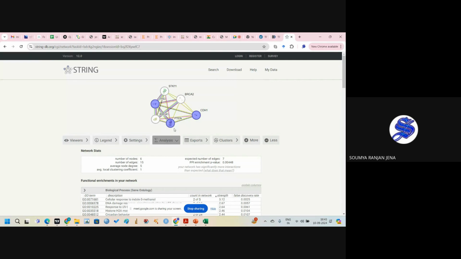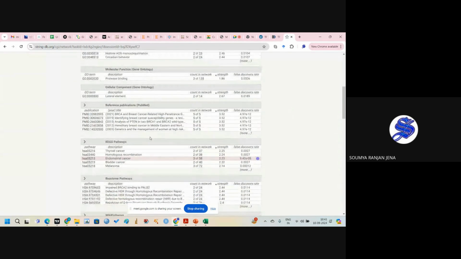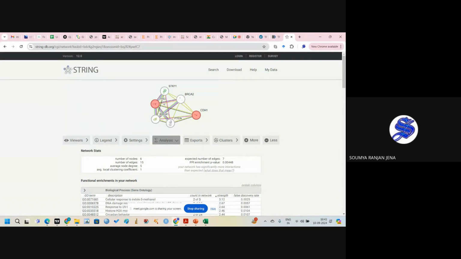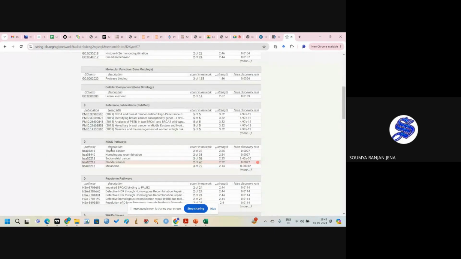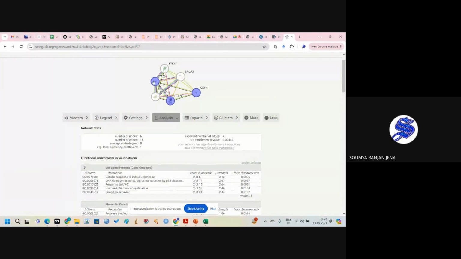If you mutate these 3 genes, it will cause endometrial cancer. We go to the next, bladder cancer. In bladder cancer also CDH1 and TP53 genes. In melanoma, skin cancer, if you go to skin cancer, here you can find TP53, PTEN, and CDH1.